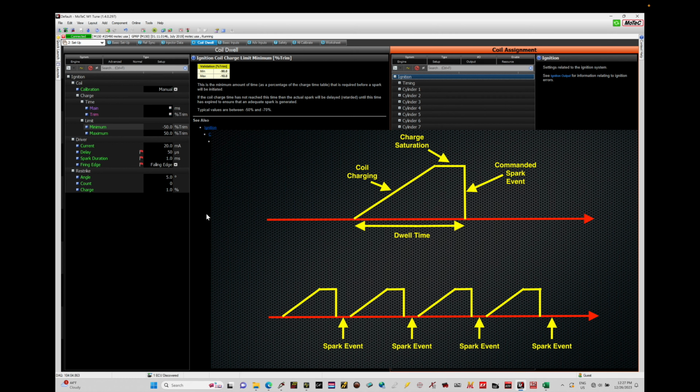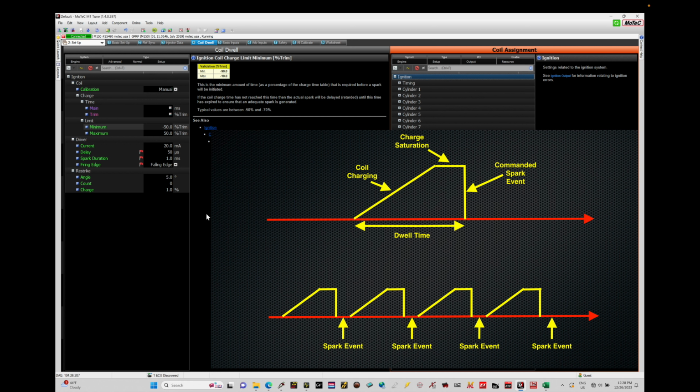We have a period called the coil charging, where we store up energy inside of the primary winding of the coil. We'll find this plateau shape, known as the charge saturation point, where if we keep energizing the primary side of the coil, no further energy can be stored.